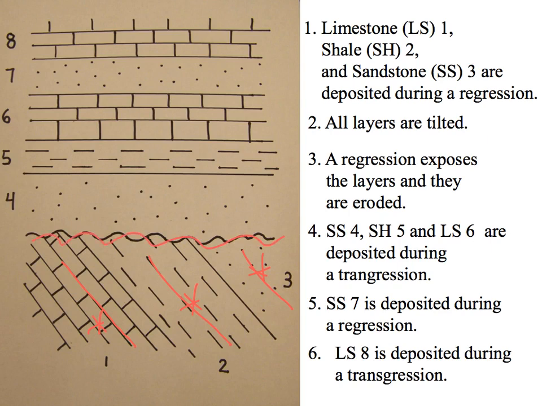We then have sandstone 4, shale 5, and limestone 6 deposited as the seas were rising, because that is a fining upward sequence. We then have sandstone 7 deposited as the seas were falling, because that is a coarsening upward sequence. And then lastly, we have limestone 8 deposited during a transgression, because that again is a fining upward sequence.